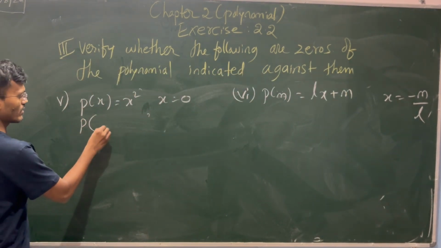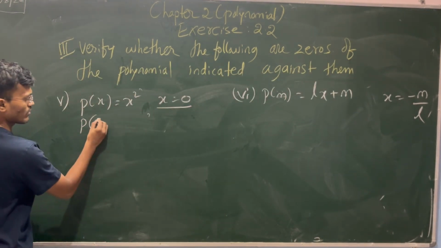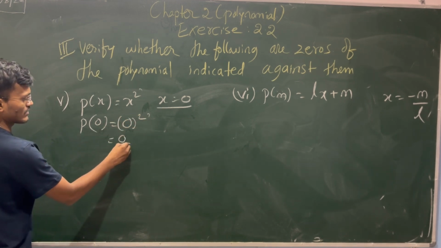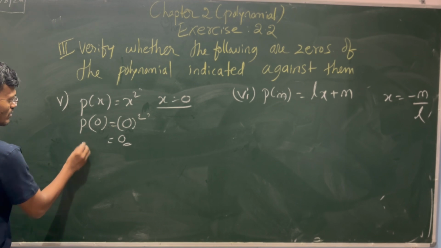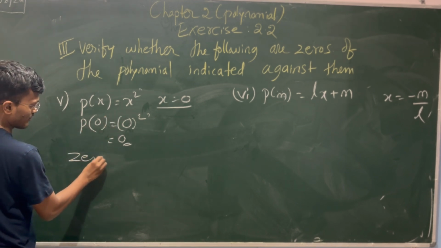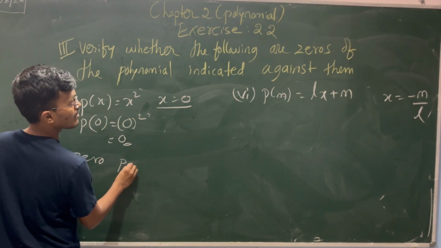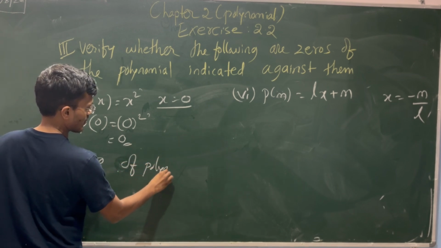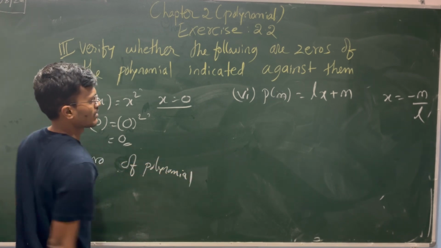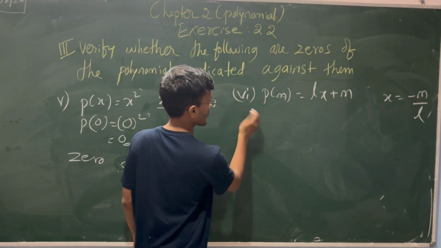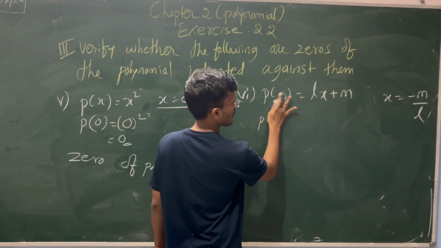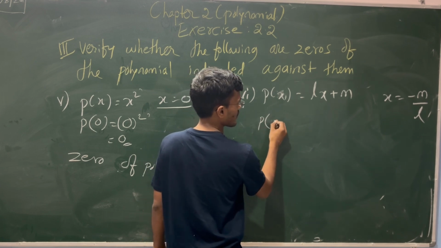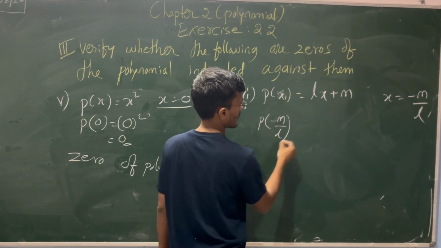So p of x means 0 square, the answer is 0. So now the given polynomial is a zero of the polynomial. So now question number 6, p of x is minus m by l.